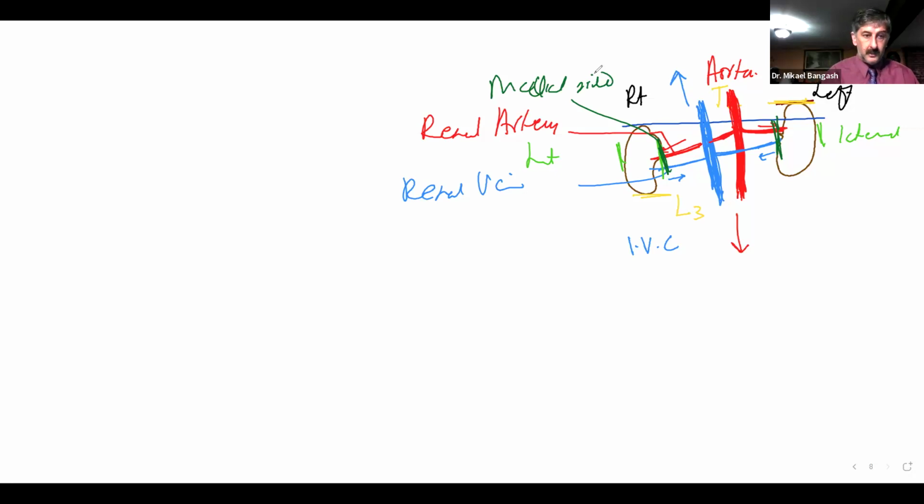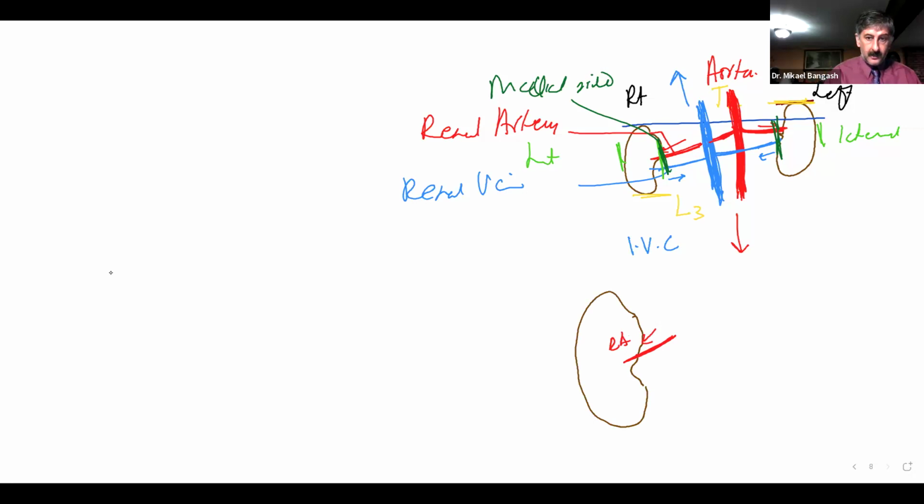So if you take a kidney individually, say this was a right kidney, for instance, what do we have here? An area through which the renal artery enters the kidney.